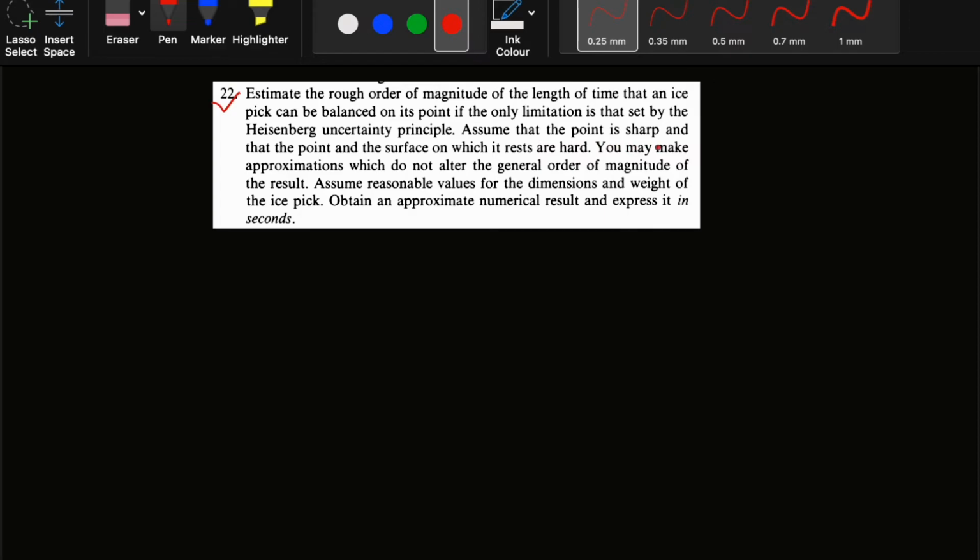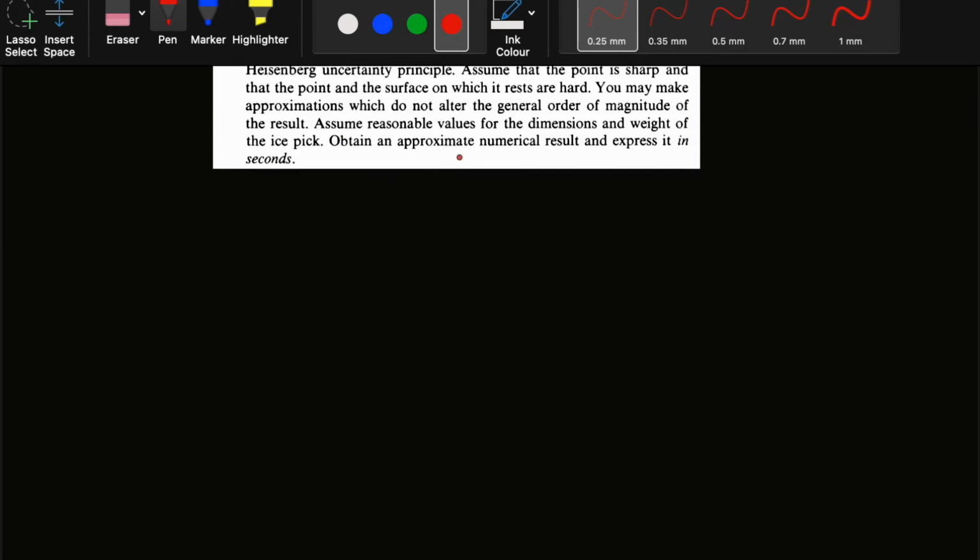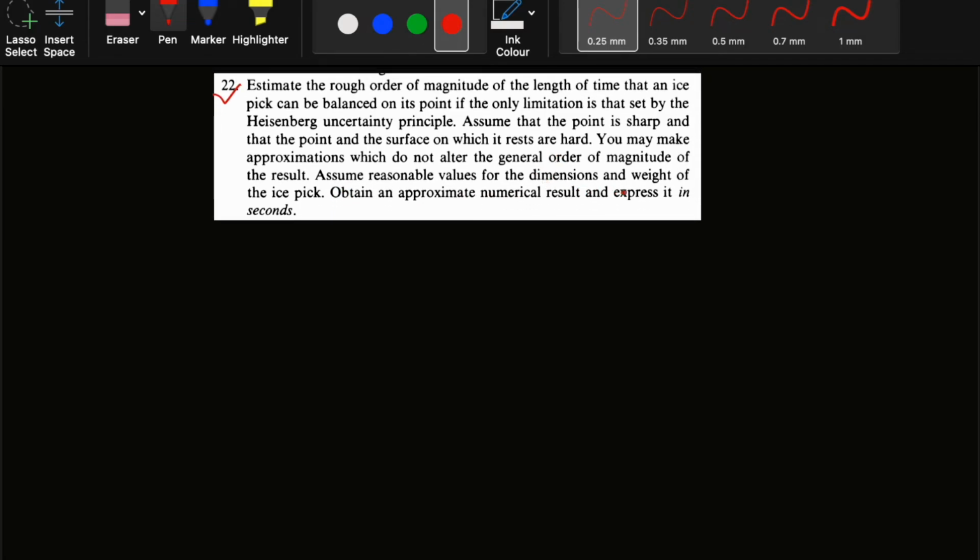Assume that the point is sharp and that the point and the surface on which it rests are hard. You may make approximations which do not alter the general order of magnitude of the result. Assume reasonable values of the dimensions and the weight of the ice pick. Obtain an approximate numerical result and express it in seconds.